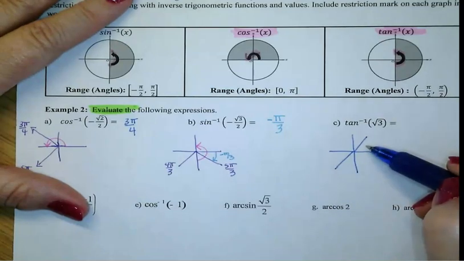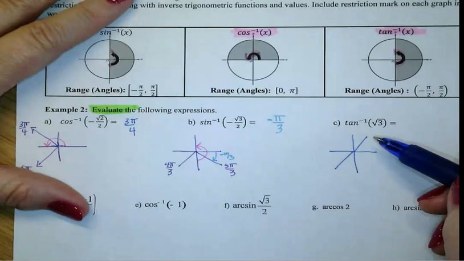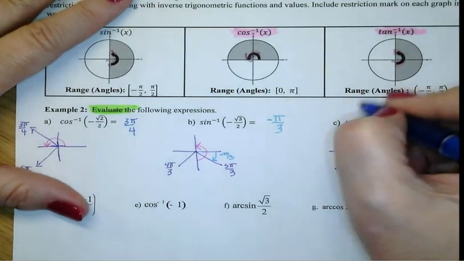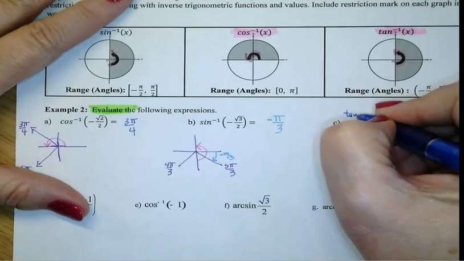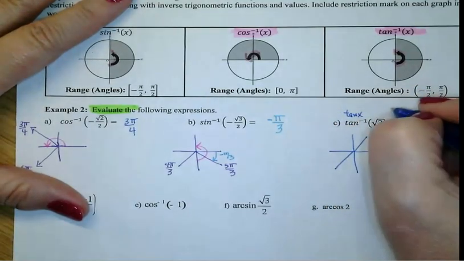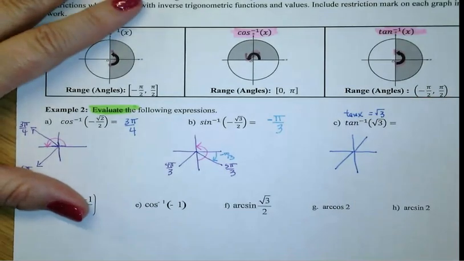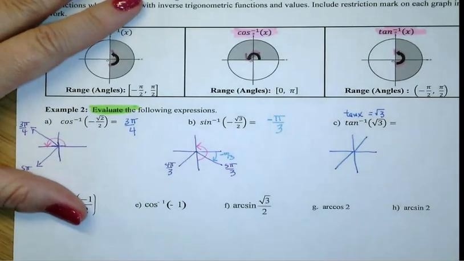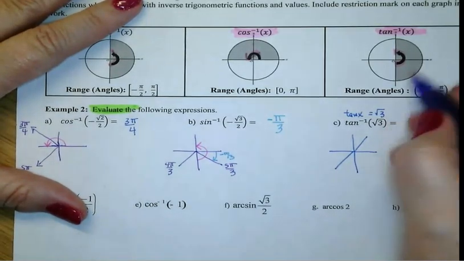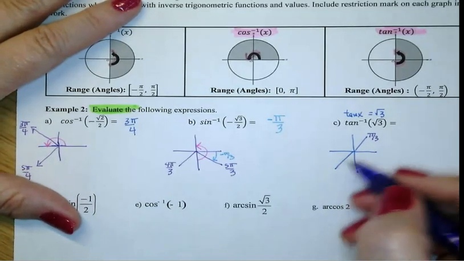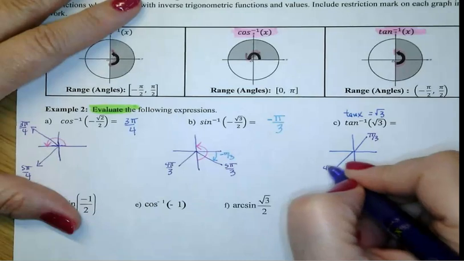So what is the value that has a tangent value of root 3? What I'm saying there is, what angle has a ratio of root 3 in each of the quadrants? Last time we spent time building the tangent function, and we know that this is going to be pi over 3. And then what's the multiple of pi over 3 that's in the third quadrant? 4 pi over 3.